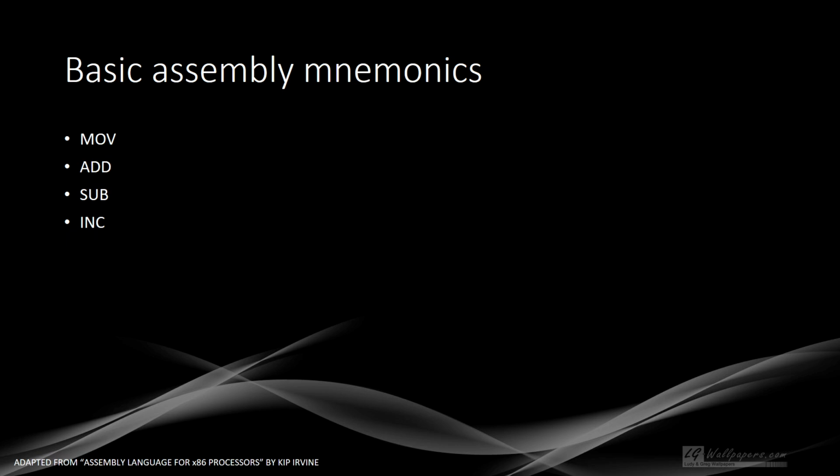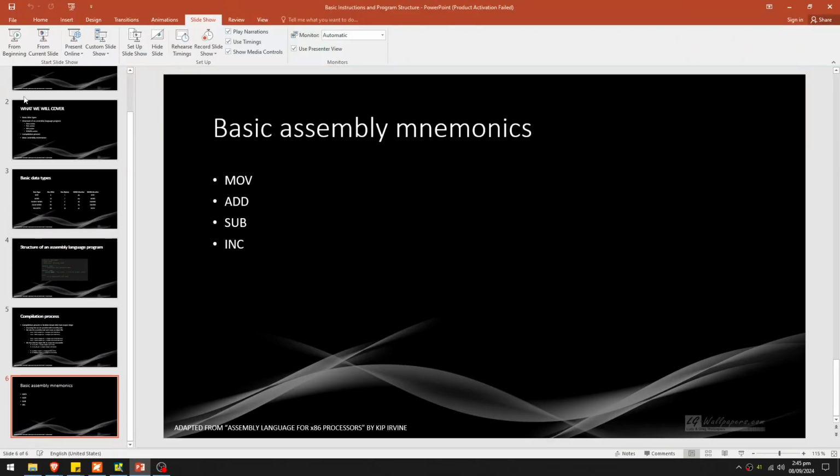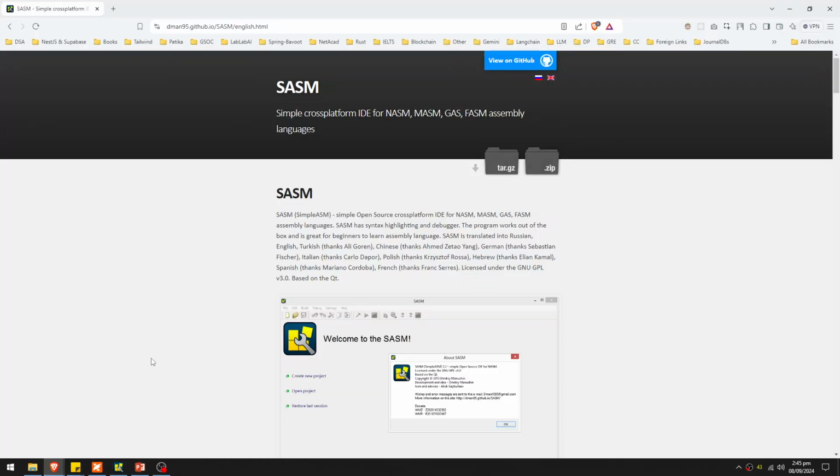And so now I want to show you it in terms of code. First I will show you the IDE that we are going to use. We will try to keep things simple, so we will use SASM. I hope I'm pronouncing it right.